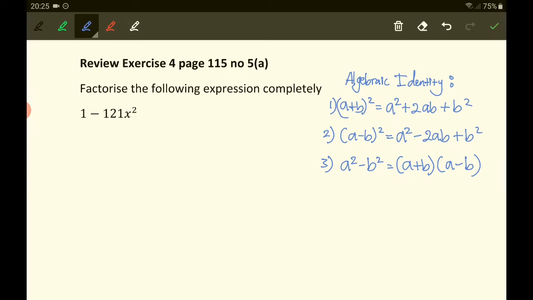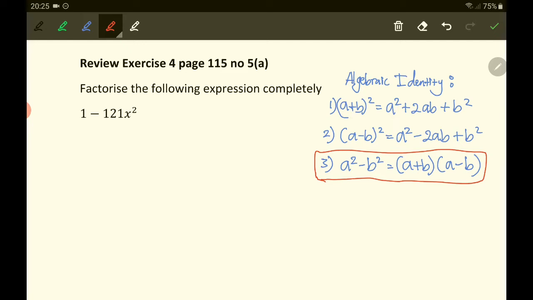The first one is (a plus b) squared equals a squared plus 2ab plus b squared. I think you remember this. The second one is (a minus b) squared equals a squared minus 2ab plus b squared. For this question, you are going to use the third identity, which is very common in questions.